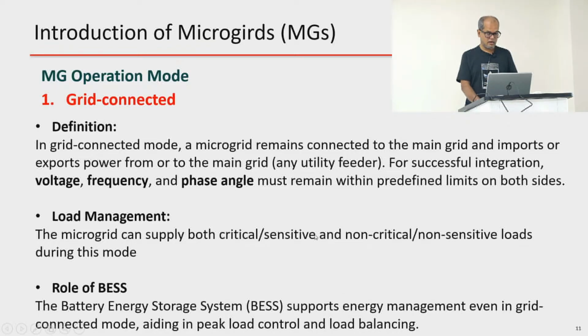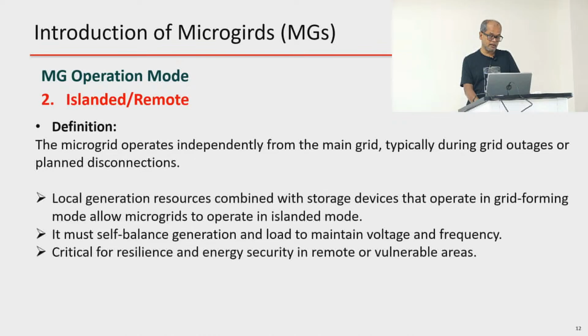The battery or hydrogen energy system can support that energy management, even in grid connected mode, or if you want to do peak load control and load balancing. In those cases, the energy storage system can play a significant role.